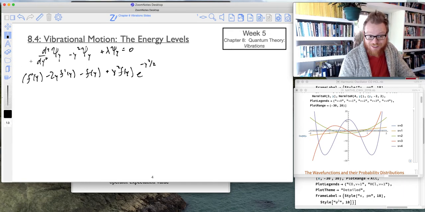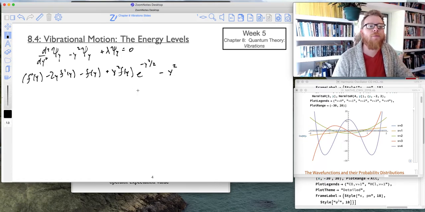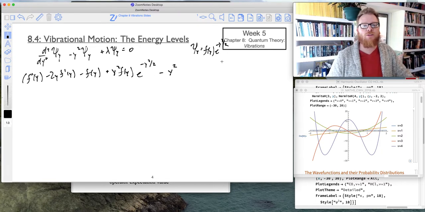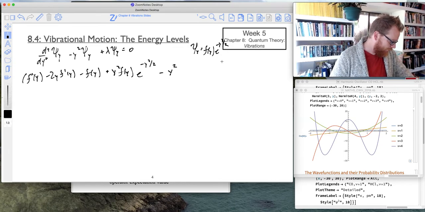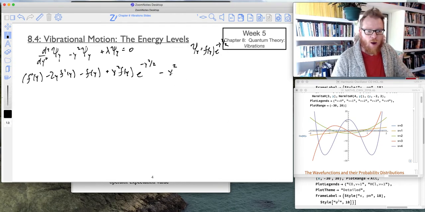So this is our second derivative. Now we've got to say minus y squared times our psi of y. And remember, our psi of y, we guessed that it was some function f of y times e to the negative y squared divided by 2. So that's now y squared times f of y e to the negative y squared divided by 2.